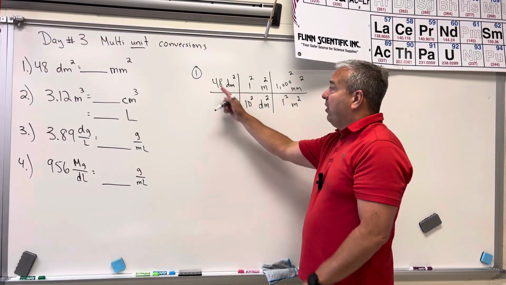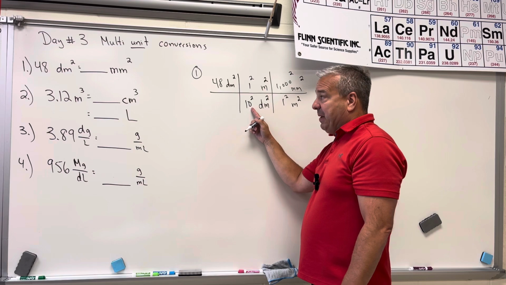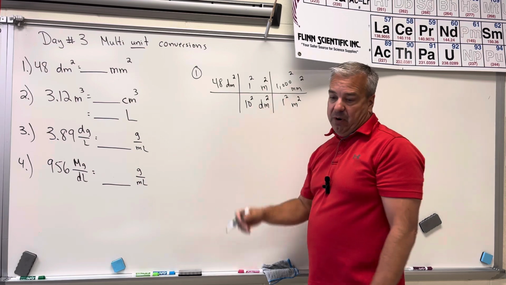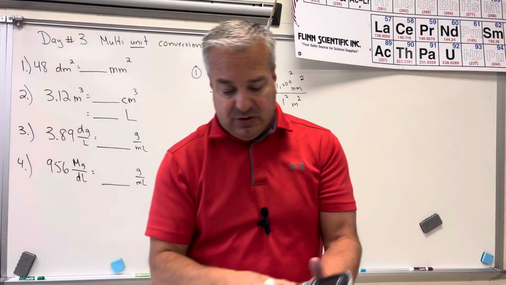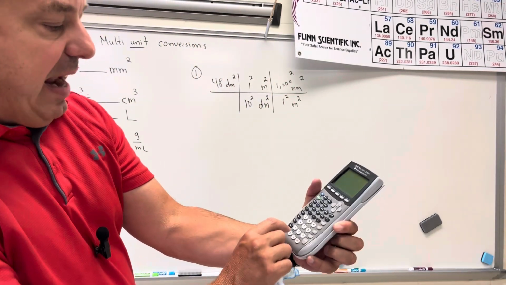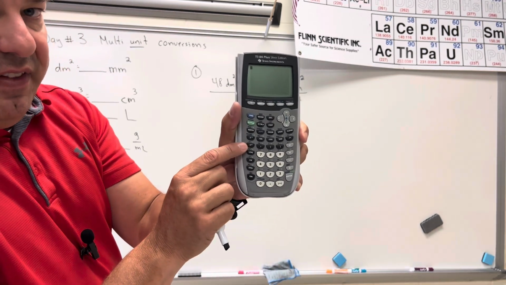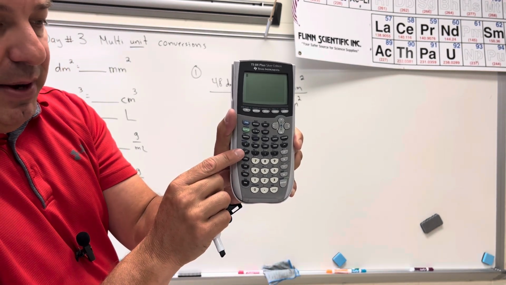So we're going to go into our calculator. We're going to hit 48, and we're going to divide it by 10 squared, and then we're going to multiply it by 1,000 squared. And if you have one of these graphing calculators, there's actually a square button right here on the left-hand side. So I'm going to be using this button quite a bit.